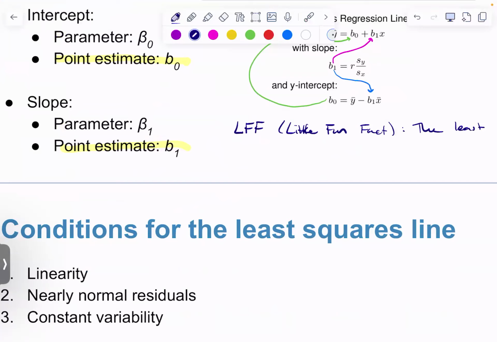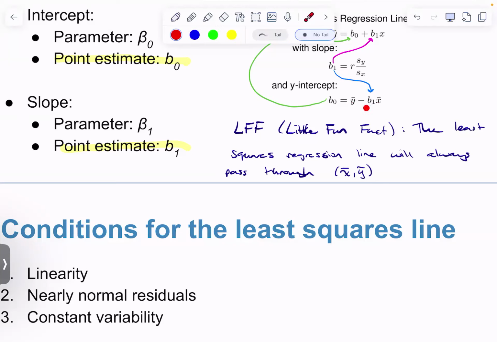The least squares regression line will always pass through X bar, Y bar at the same time. So we use that fact. You just need the formula, but that's where we got this formula from.